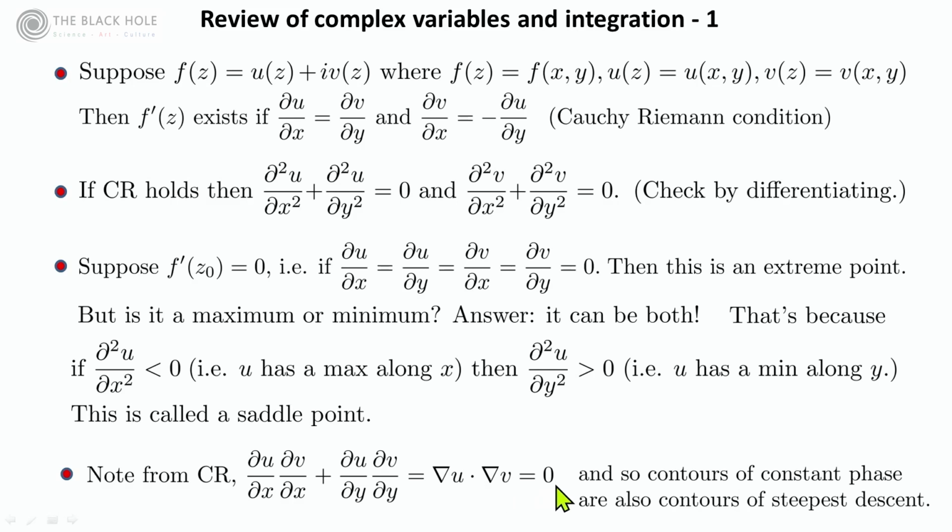Now, when two vectors have 0 dot product, that means that they are orthogonal to each other, which means that if we call one the phase, the other will be orthogonal to it. And so contours of constant phase are also contours of steepest ascent or steepest descent.